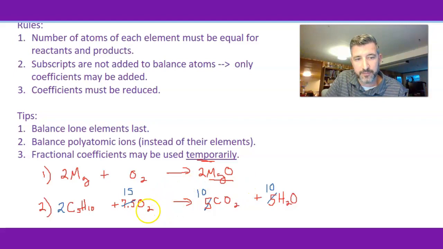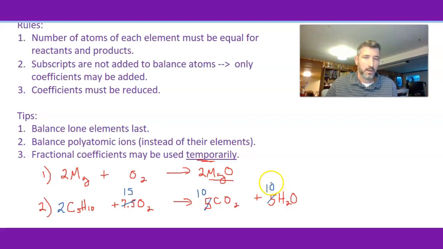Oxygen-wise, I've got on the left 2 times 15, which is 30. On the right, I have 2 times 10, which is 20, plus 10 times 1, which is 10, so that's 30, and everything matches up. Also, the last rule up here, coefficients must be reduced. So I've got 2, 15, 10, and 10 as my ratio, and that is in fact reduced.